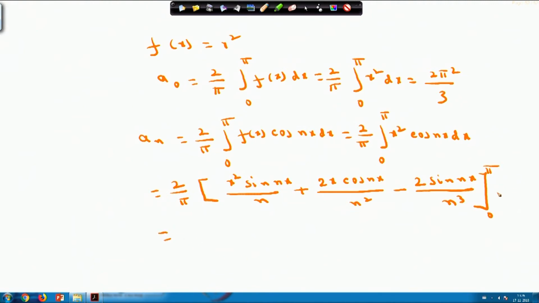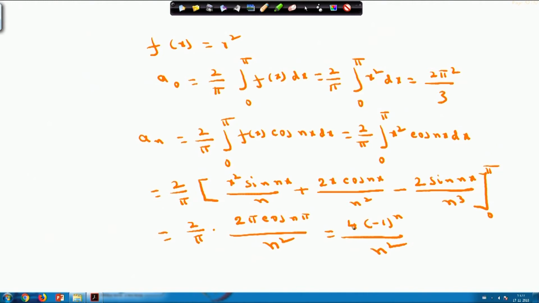If you put the limits, you will obtain 2 by pi into 2 pi cos of n pi by n square. Cos n pi is minus 1 to the power n. So, pi will be cancelled and I will obtain 4 into minus 1 to the power n by n square. So, a naught is this one, a n is this.